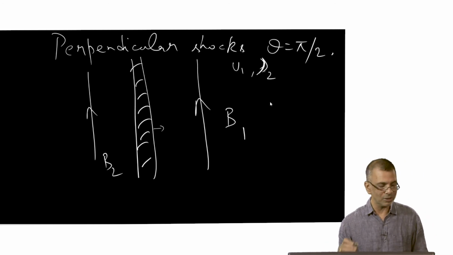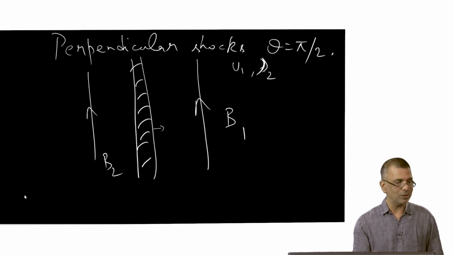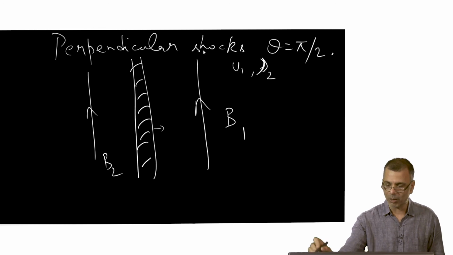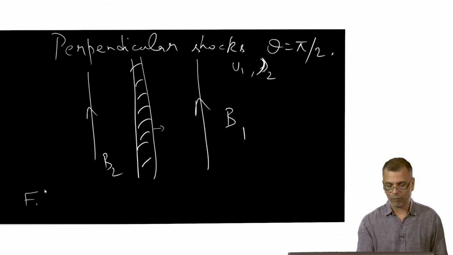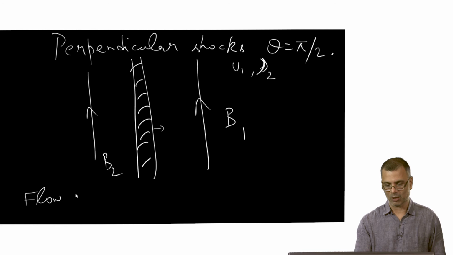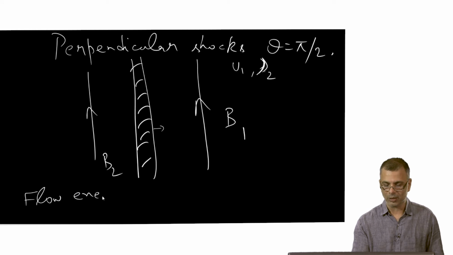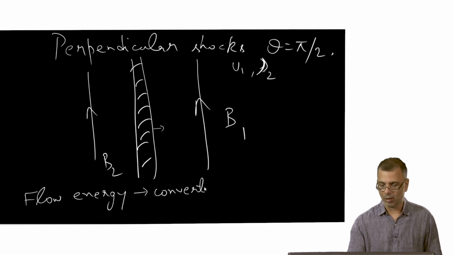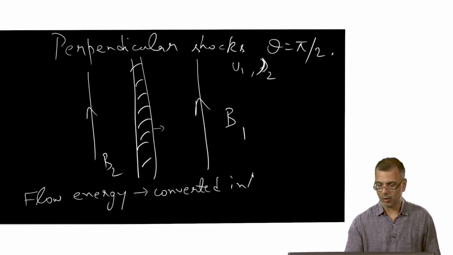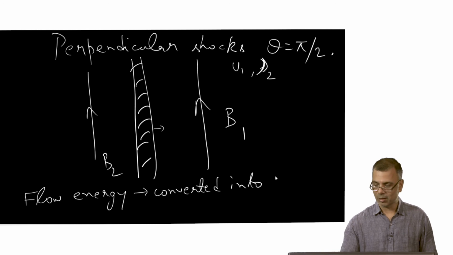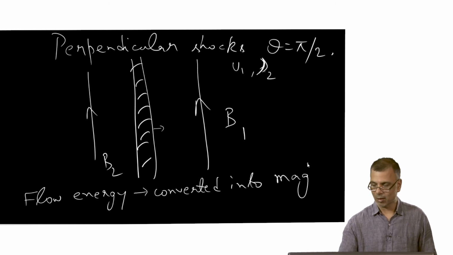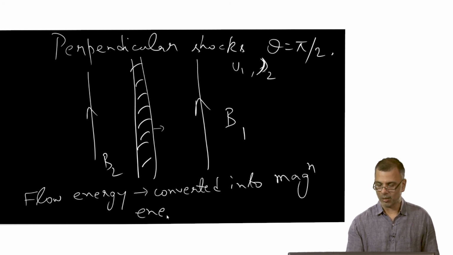The main thing about perpendicular shocks is that the flow energy, which is essentially the kinetic energy associated with rho u squared, is converted into magnetic energy and heat.